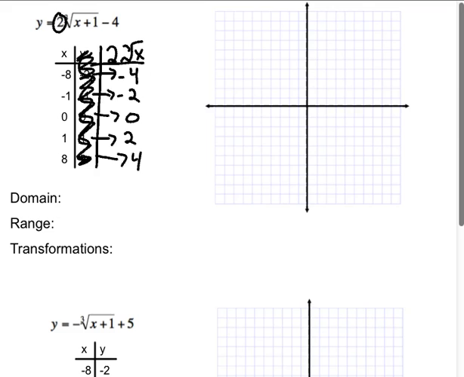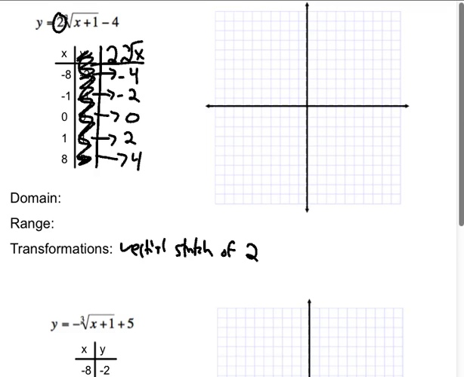Remember that table always starts the same way. You always use the numbers that you know how to take a nice cube root of. And now I'm just multiplying them by 2 like that says 2. So that's my first transformation, a vertical stretch of 2.